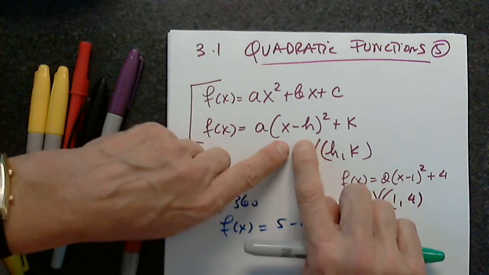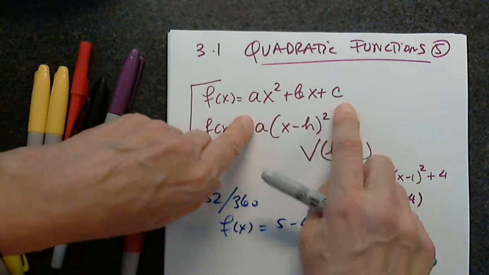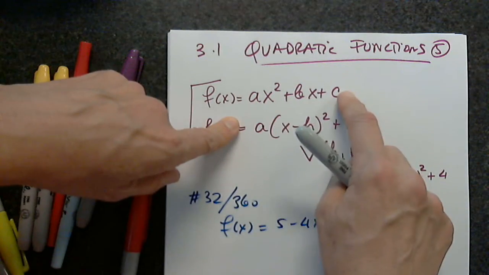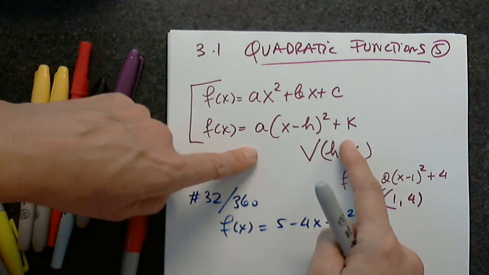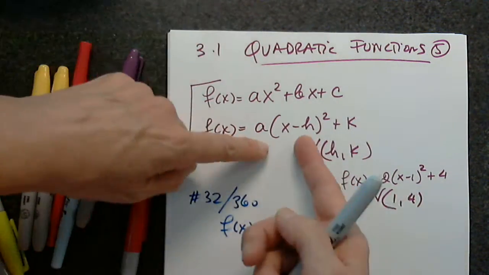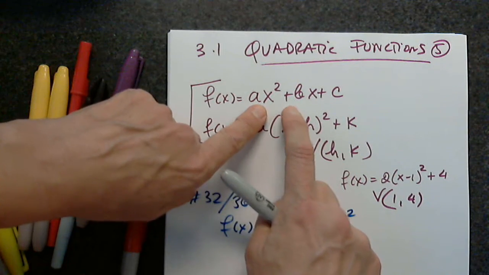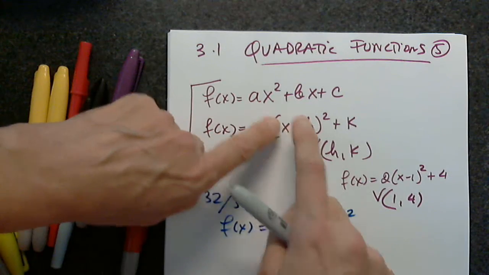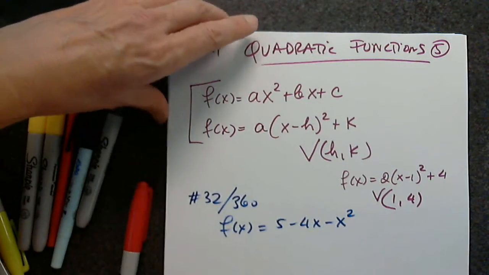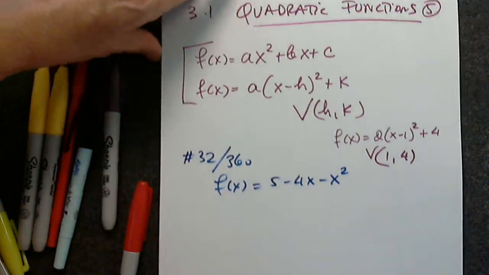This has the completed square and this one doesn't. So if I perform the completed square on this one, I'll get this. So they're not different. This one allows us to read the vertex right away. This one needs work to find the vertex. But this one is given to us. This form gives us the vertex.